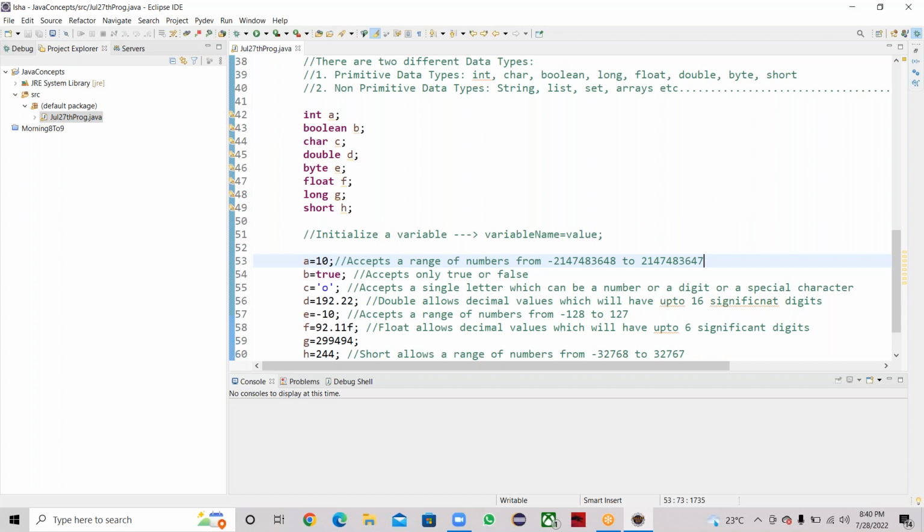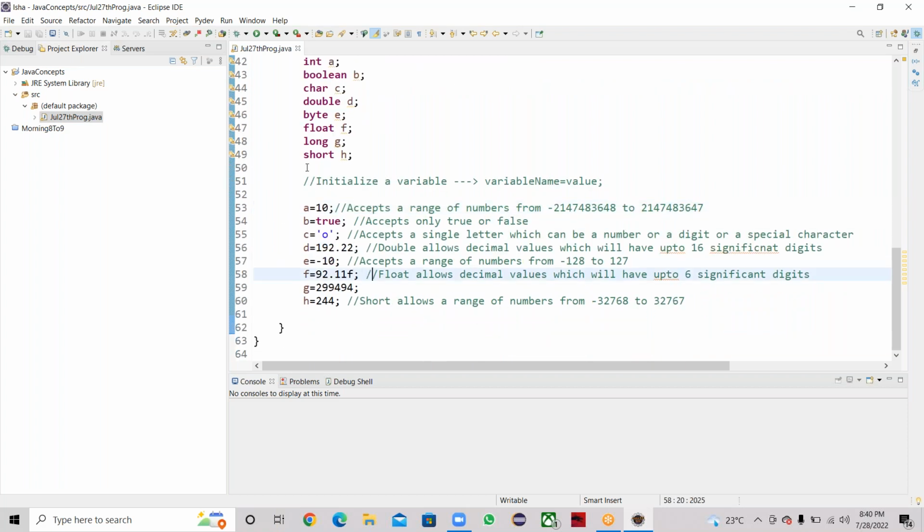So what is happening? This is wider. It will accept a high range of numbers. Just imagine for long how many numbers it will accept. The range of long is more than we imagine. It is not even within our range. Generally, it is used to calculate light years. Clear, everyone?